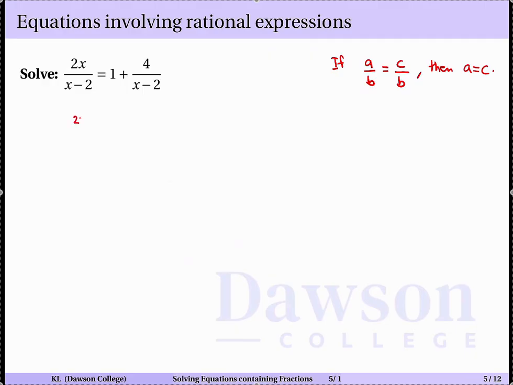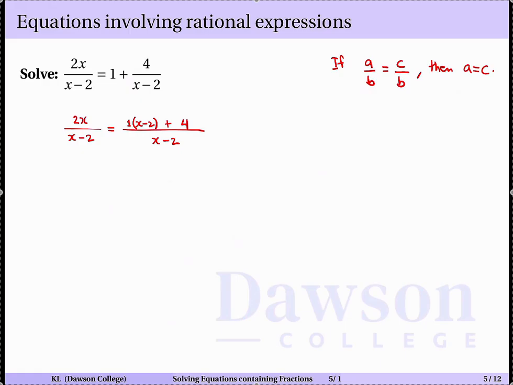So for the left hand side, we have 2x over x minus 2. For the right hand side, if we combine them into a single fraction, the denominator will be x minus 2. For the numerator, you will have 1 times x minus 2 and then plus 4.